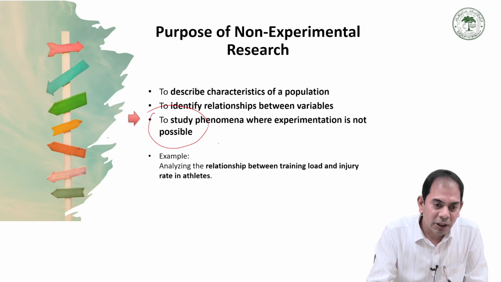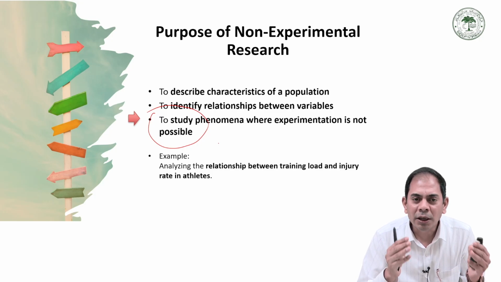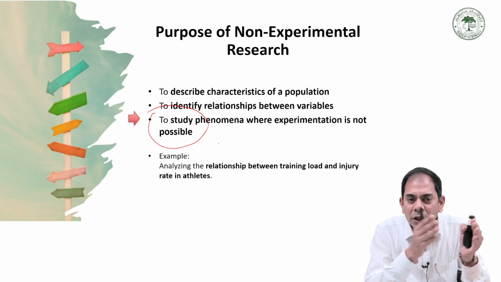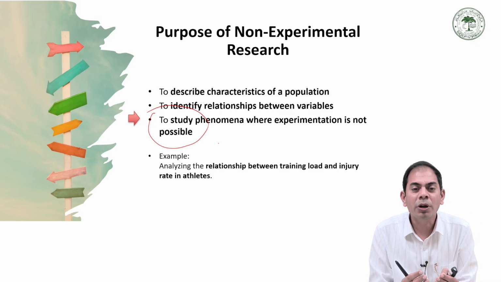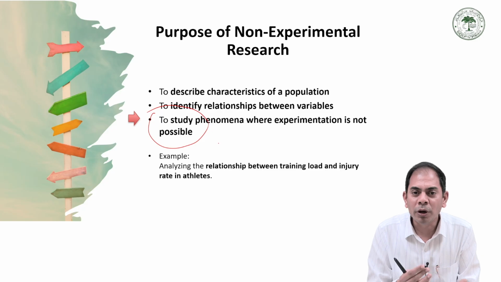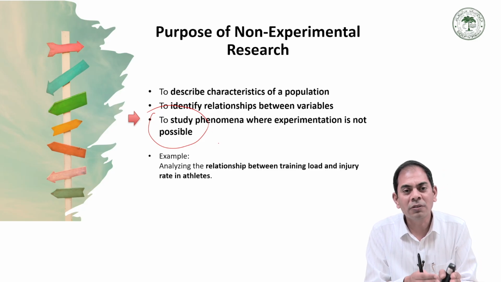The next purpose of the study is that sometimes an experiment cannot be conducted. You may want to conduct an experiment, but due to certain limitations, we will not be able to conduct the experiment by manipulating the variables. Sometimes this type of situation happens.